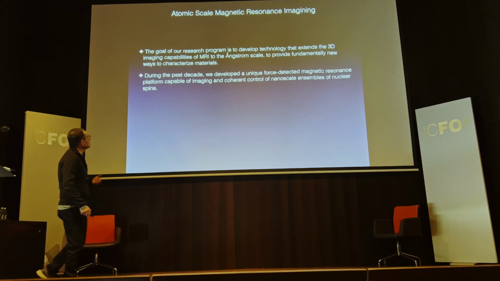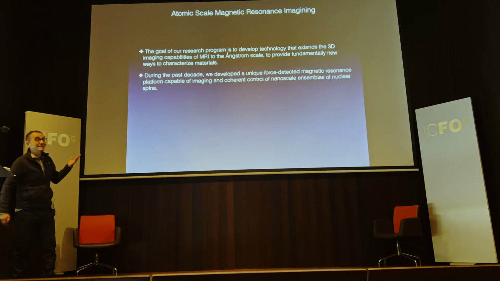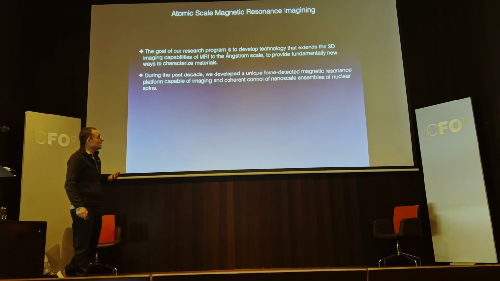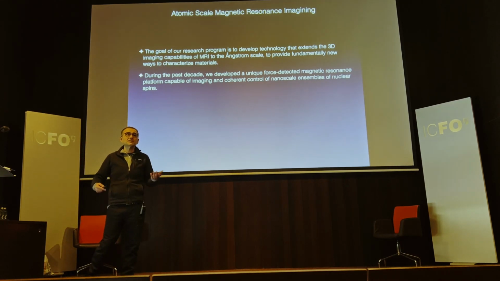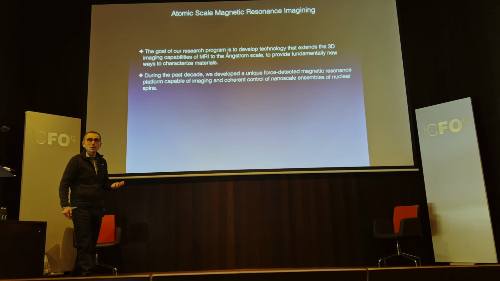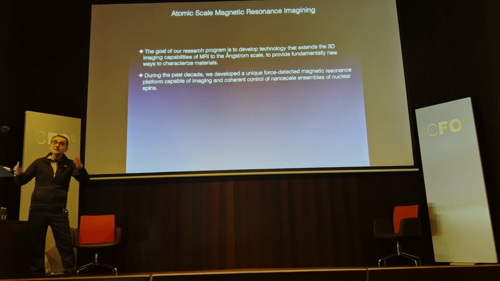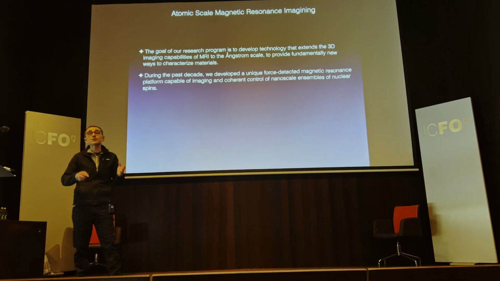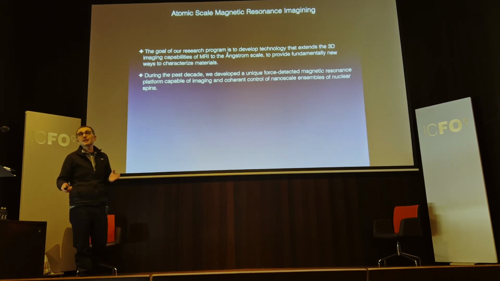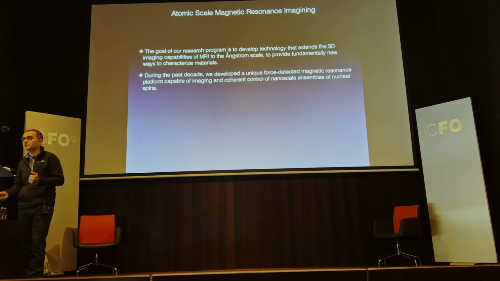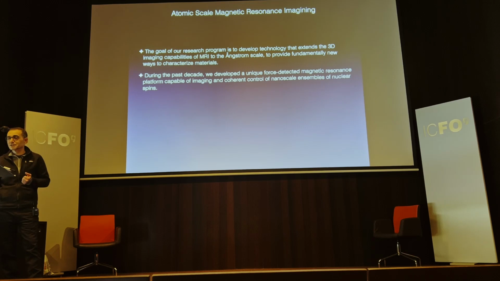So during the past decade, actually, we've developed a very unique force-detected magnetic resonance platform that allows us to do very sensitive force detection and combine that with coherent spin control. And the combination of those two things allows you to do some very interesting modalities of detection.